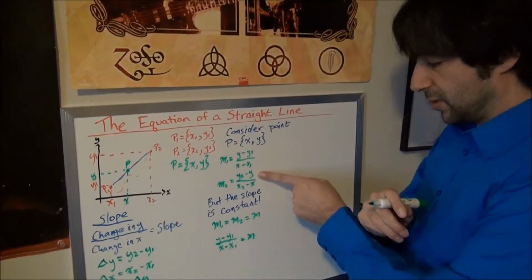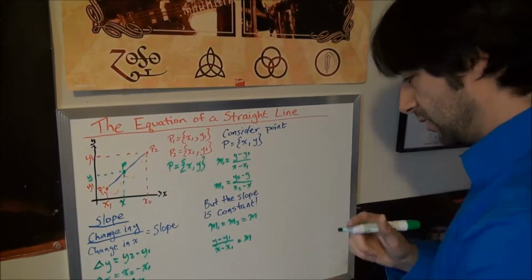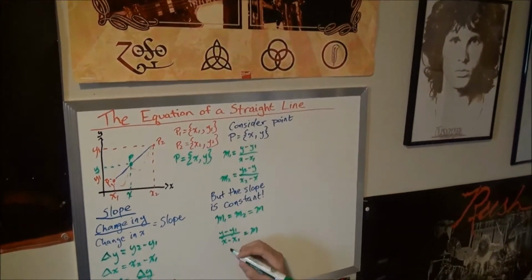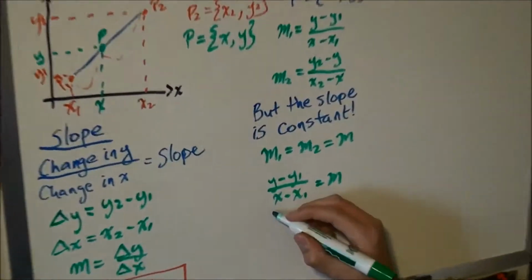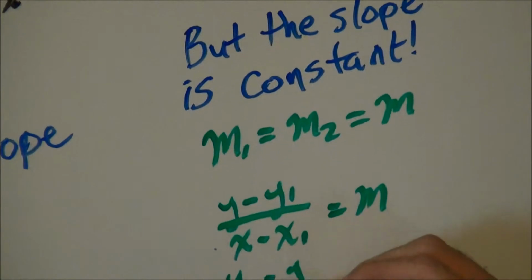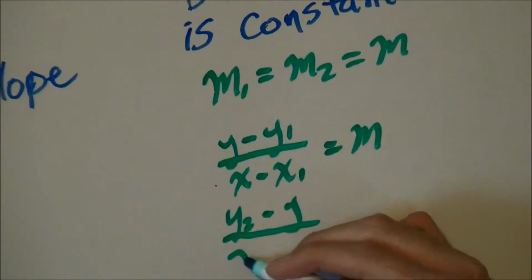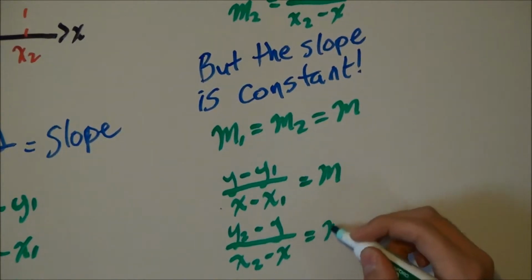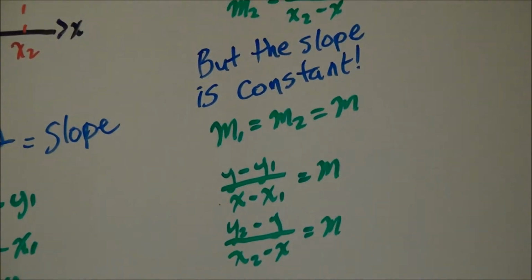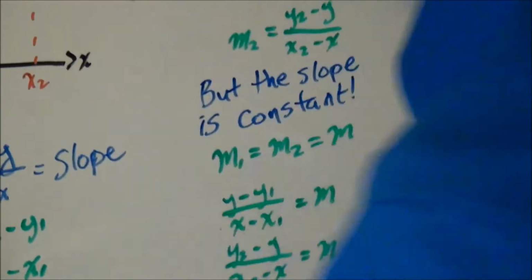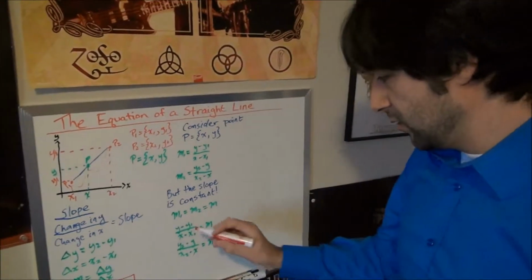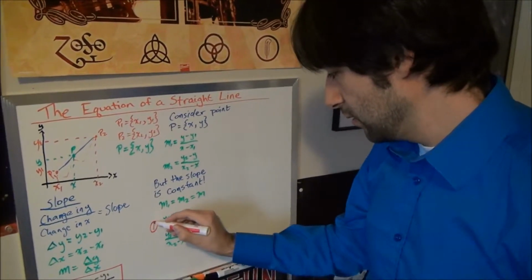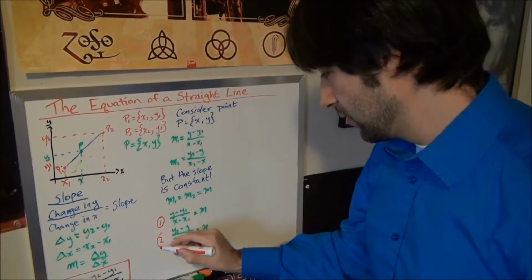So we'll use this expression for m2 and we'll set it equal to m. And this will give us our two equations. Equation 1 here and equation 2 there.